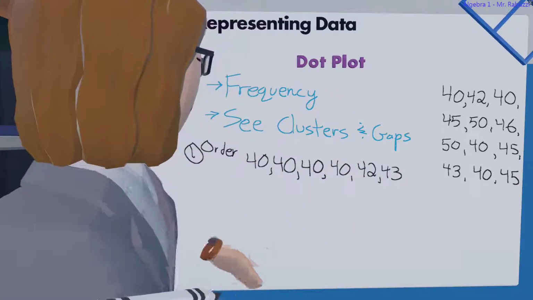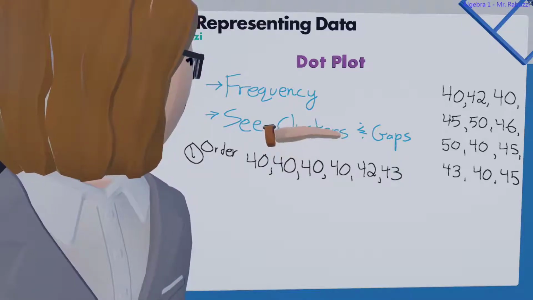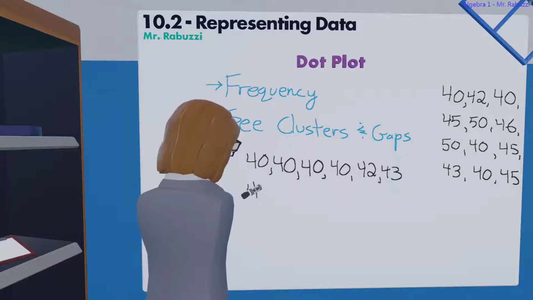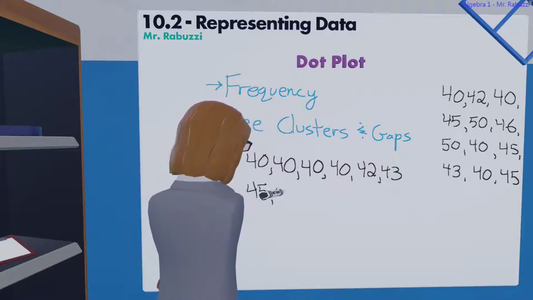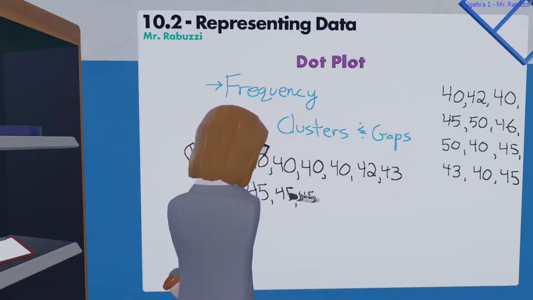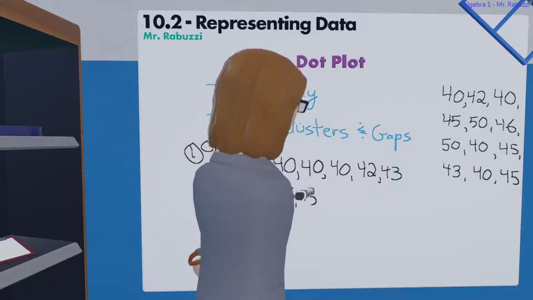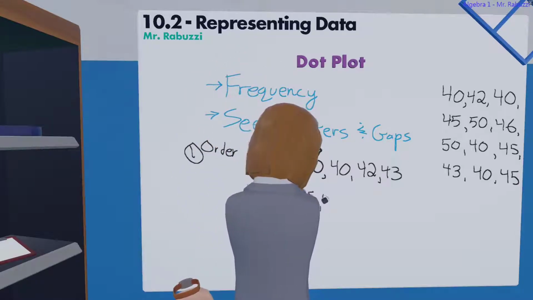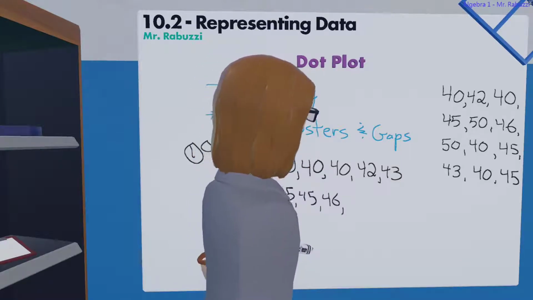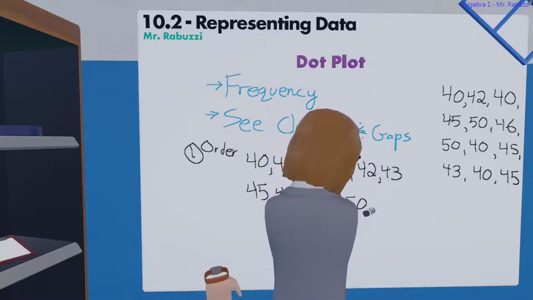Next in line I have 45, 45, 45. Go to a new line, 45, 45, 45. And then I have a 46. And then I have two 50s. 1, 2. A 50 and a 50.